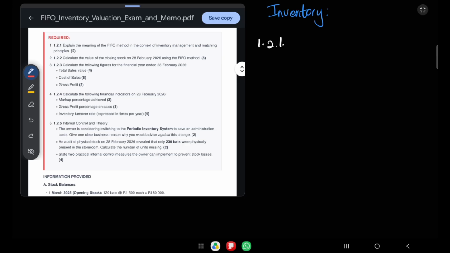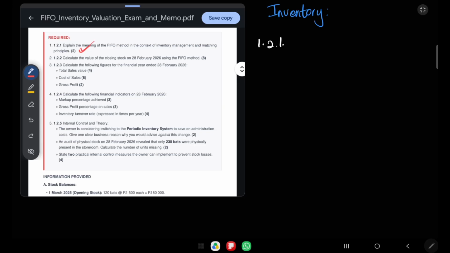First in, first out, don't forget. Then you can say something like the items remaining in the inventory at the end of the financial period are valued based on the cost prices of the most recent purchases. So just use your own words to explain this and you'll get 2 marks.